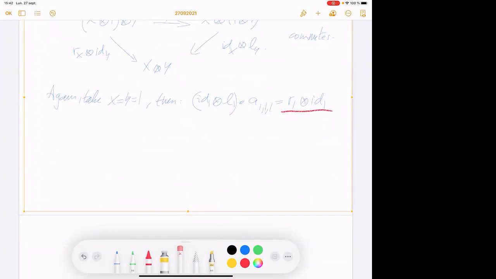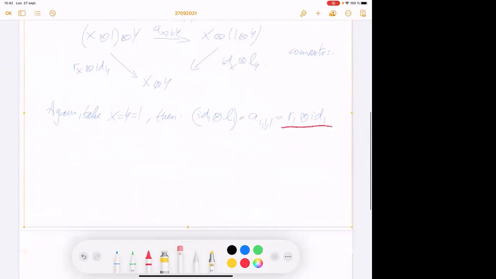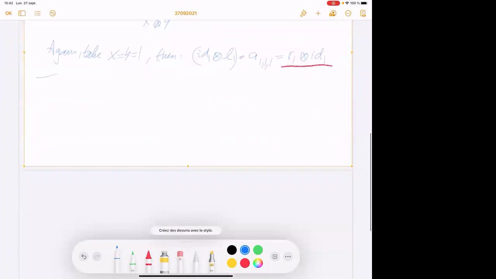Okay. So now, by definition, we have L1 of L1. In fact, this was defined as follows.